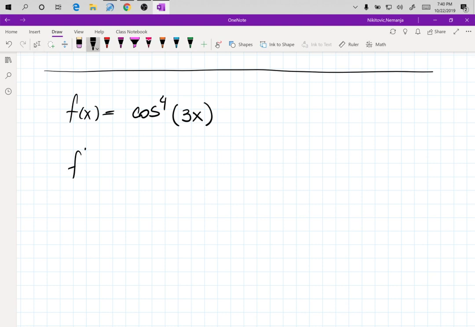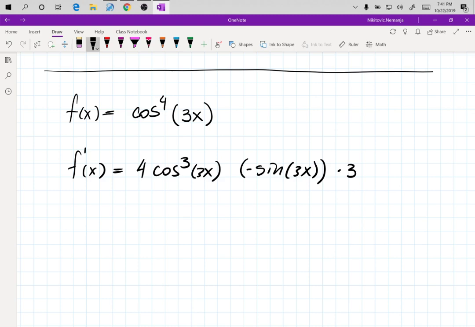So the derivative f prime over here is going to be 4 cosine cube of 3x times the derivative of cosine, which is negative sine of 3x, and all of that is times 3, which is the derivative of the inside. So now everything simplifies into f prime is equal to negative 12 sine 3x cosine cubed 3x.